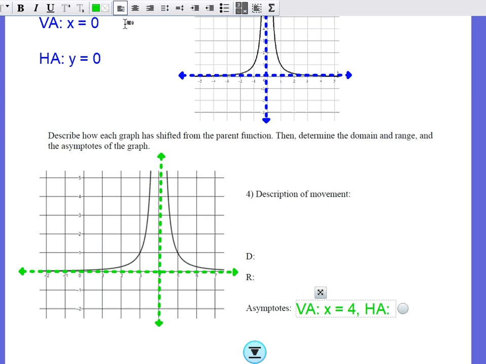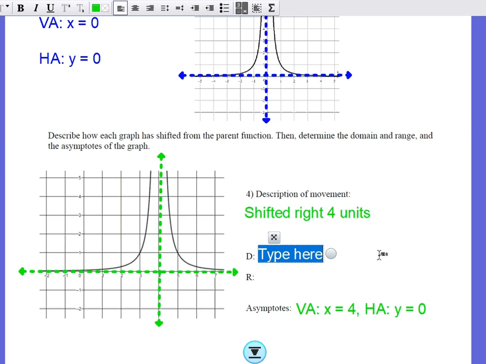The horizontal asymptote is still on the x-axis, y equals 0. So in terms of the movement, the graph has been shifted right 4 units. Okay, and then the domain is the same as a 1 over x situation. It would be x does not equal 4.